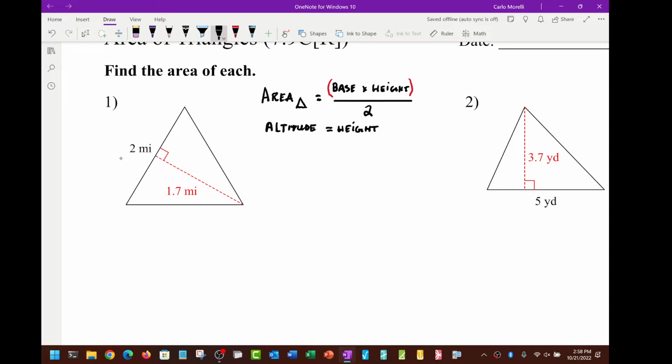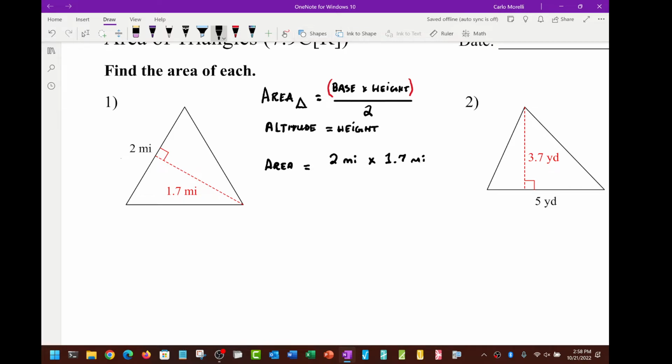So in this problem, we are given for the area, we are given that the base is 2 miles times a height of 1.7 miles. So this is a really big triangle.